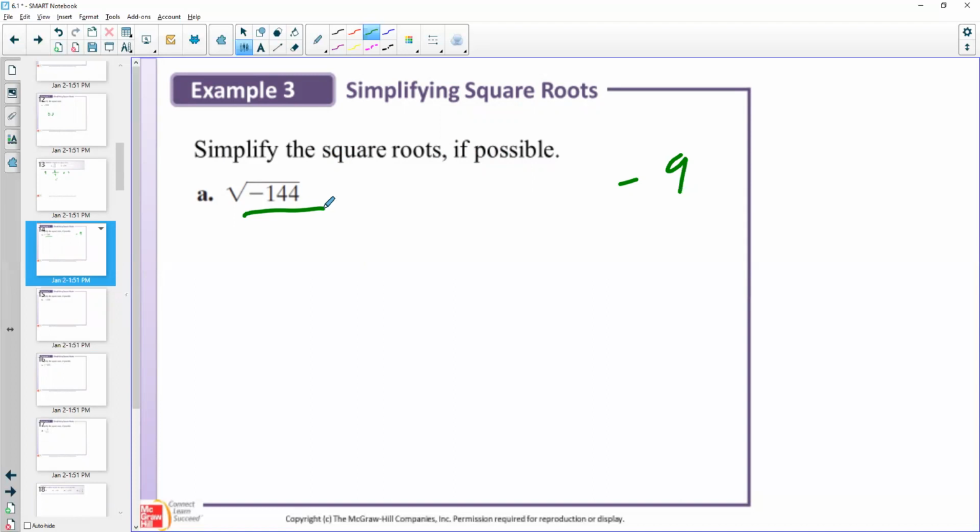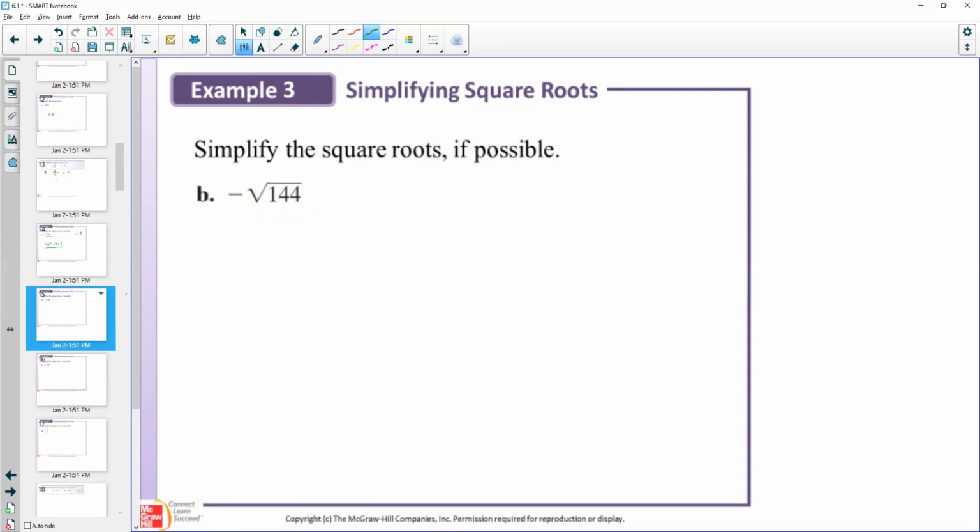I just can't take it yet. For now, and this is for now, because by the time we get through the end of this chapter, you will have a different answer. For now, because we don't have that additional tool yet, the answer is that this is not a real number. And what you should write is not real. I can't take the square root of a negative number. It's not a real number. Eventually, we'll get a new kind of number that can solve this for us, but we're not there yet.